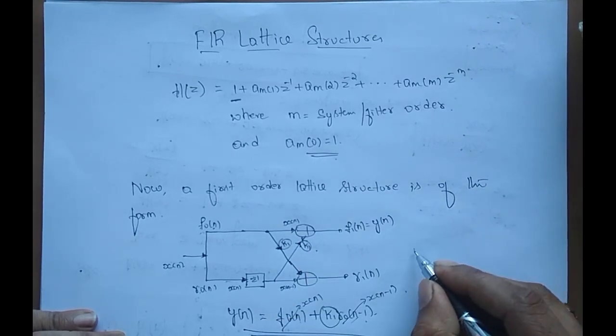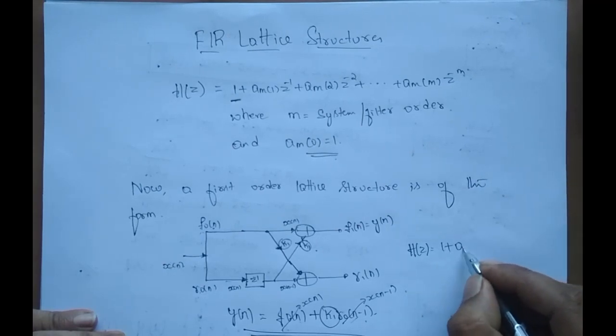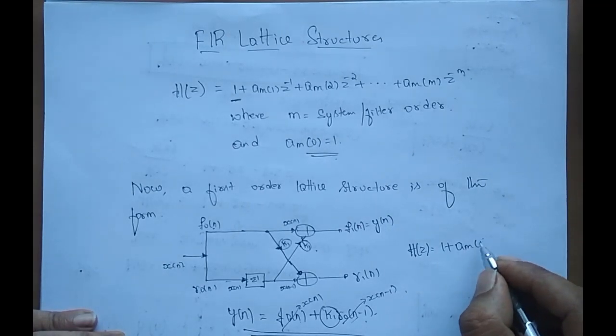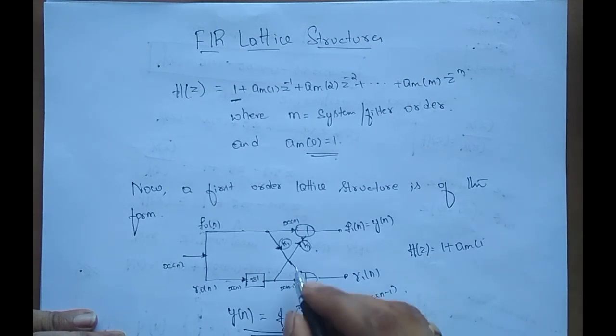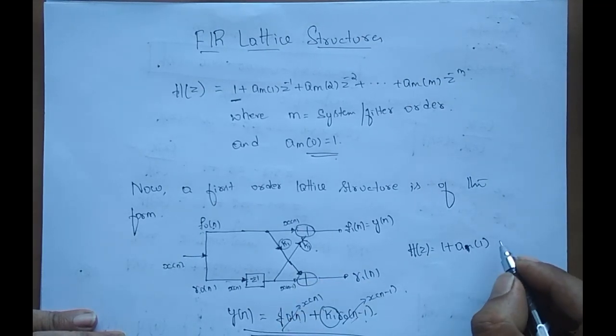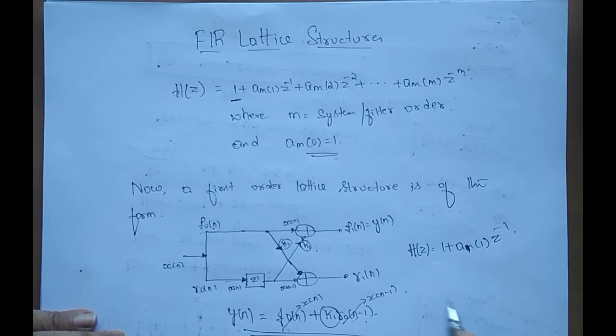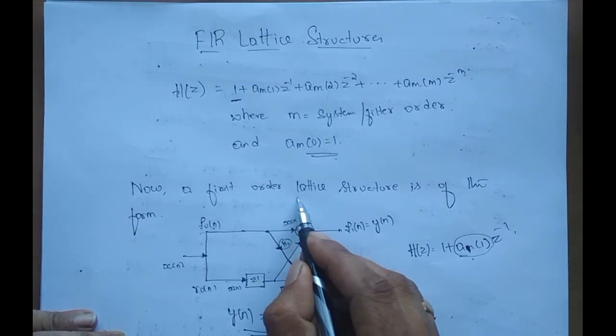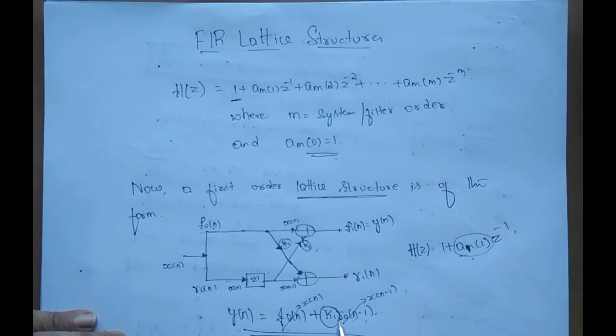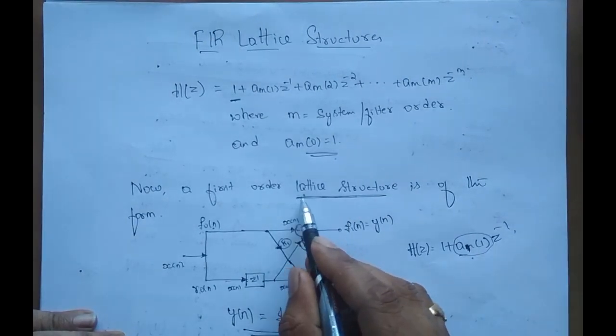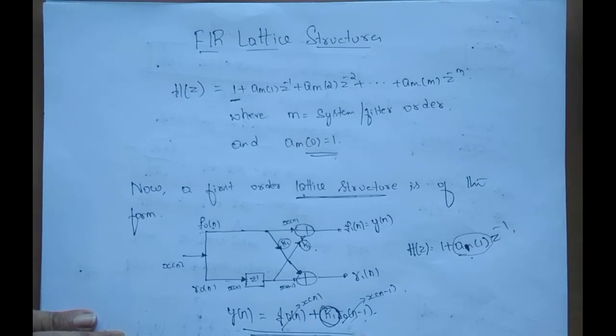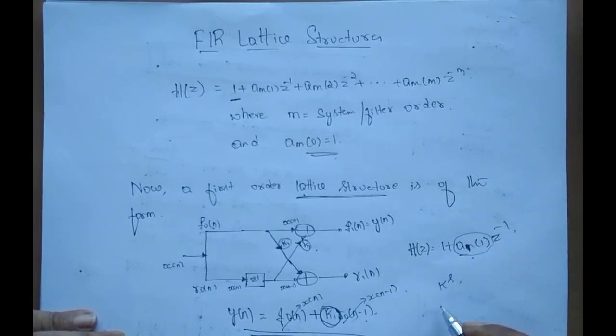So in the general direct form realization, what is H(z)? 1 plus a_m(1), since this is a first order system, it is a1(1) z^-1. Whereas for lattice structure realization, the coefficient is k1. So in lattice structure realization we call the coefficients k's, whereas for direct form realization we call them a's.